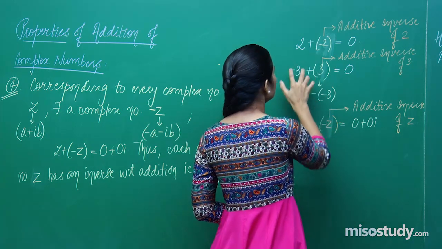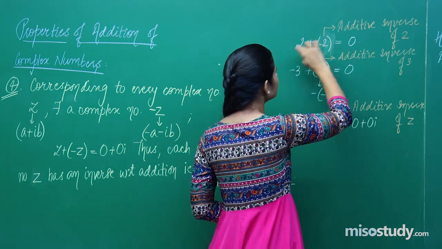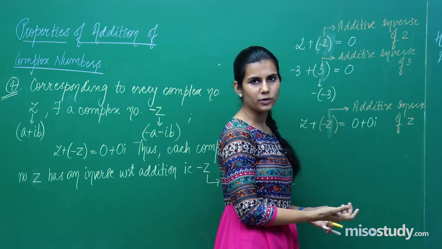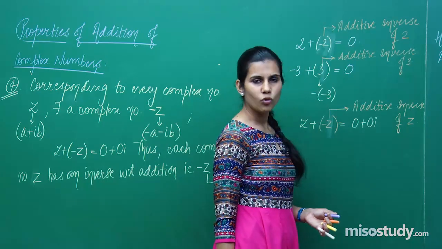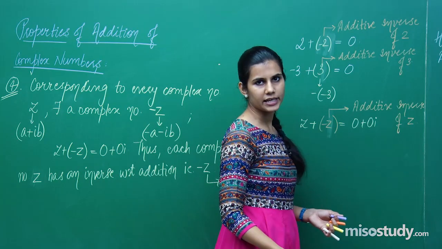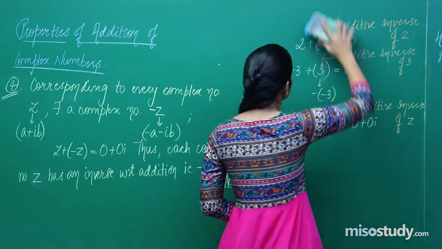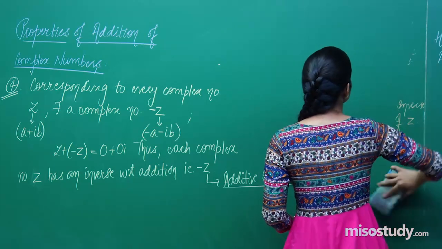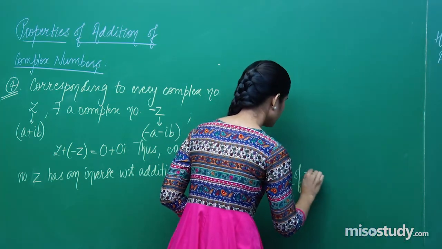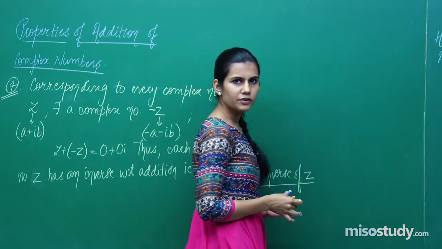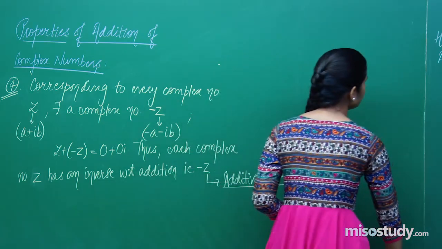Corresponding to every real number, there exists its own inverse with respect to addition. Similarly, corresponding to every complex number, there exists its own inverse known as negative of z. Clear? That means the inverse element is existing with respect to addition. Let us prove this claim.